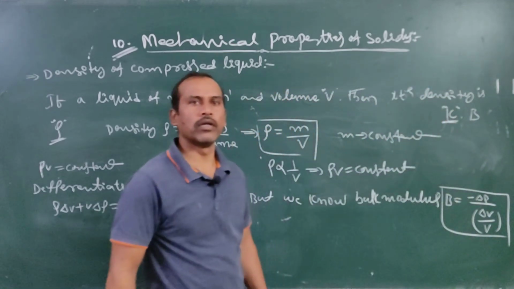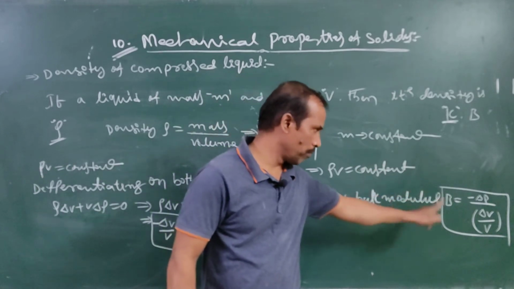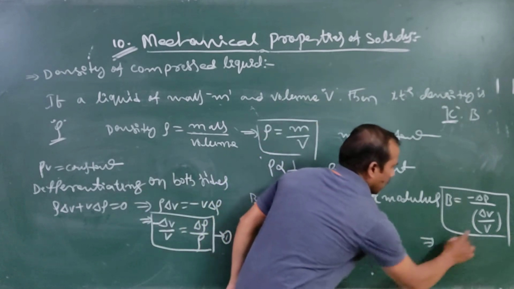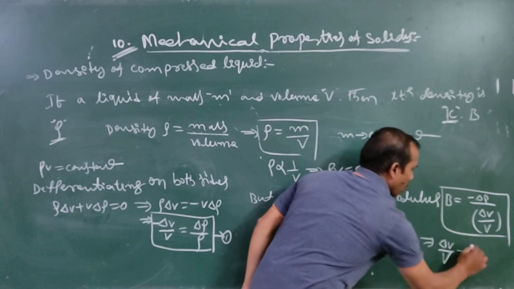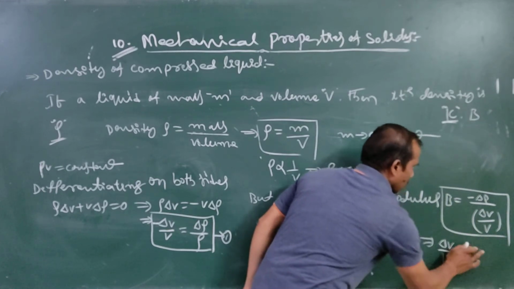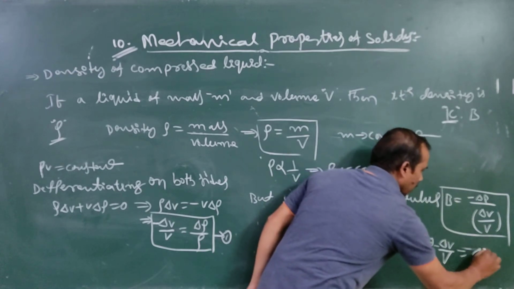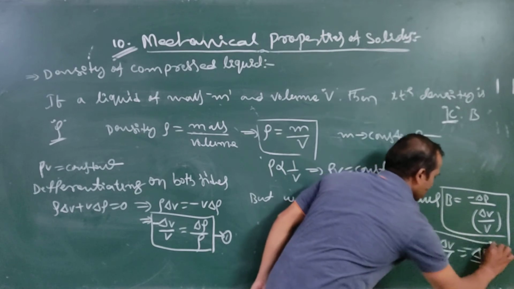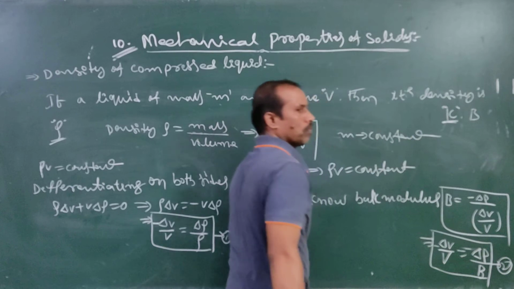The definition of the bulk modulus B is equal to minus delta P by delta V by V. So minus delta V by V is equal to delta P by B. This is equation 2.